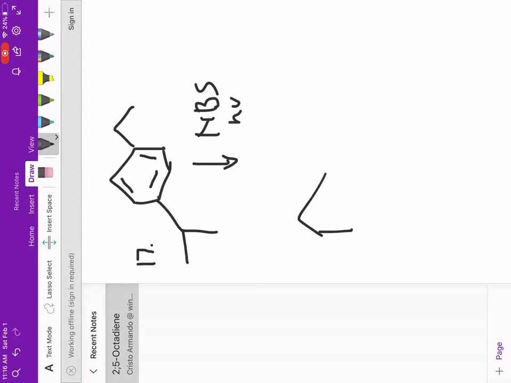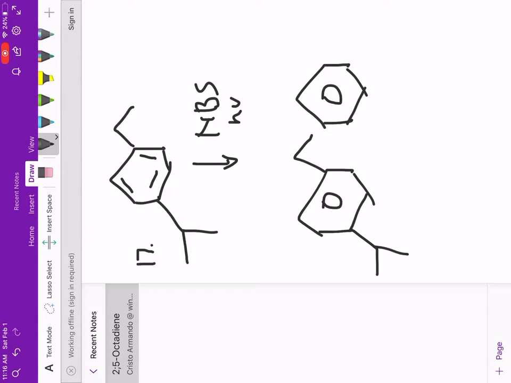So we're going to have two different products right here. One's going to have the Br on the tertiary carbon, because this carbon right here is tertiary.